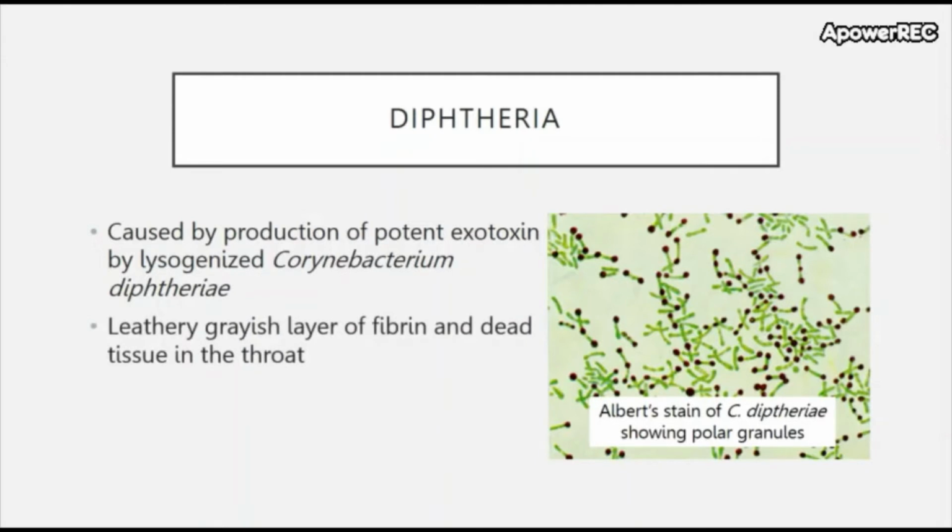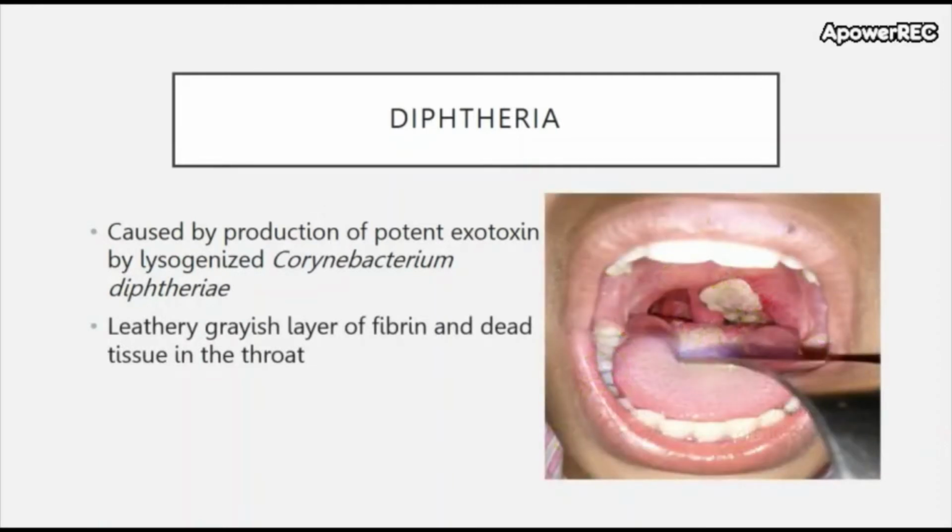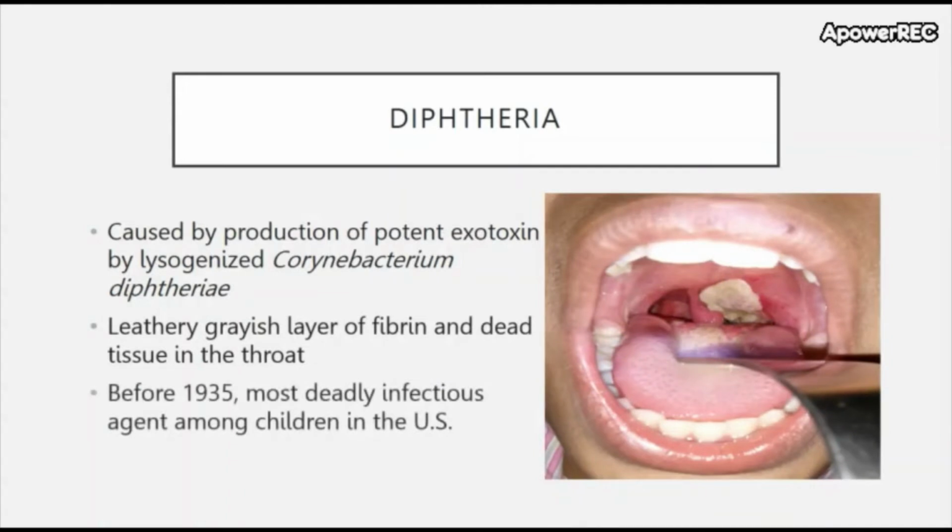It causes a leathery grayish layer of fibrin and dead tissue in the throat. And it looks something like this. Before 1935, this was one of the most deadly infectious agents among children in the United States. And now it's protected against by the DTaP vaccine.